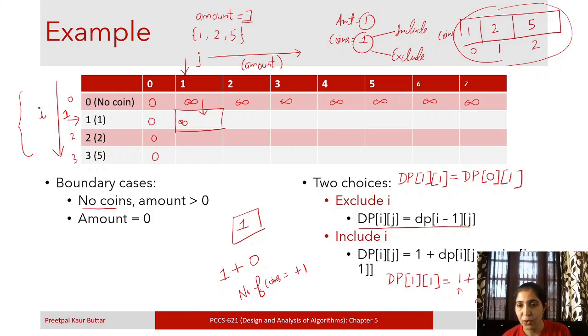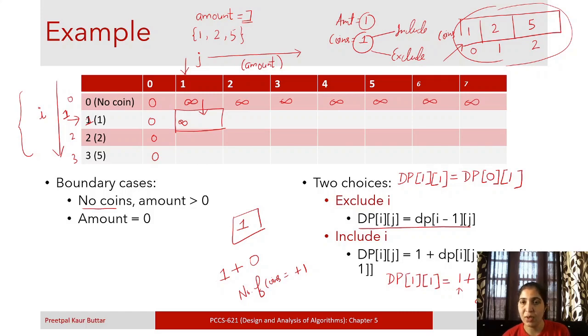That is why we are doing i minus 1. We have to look at one previous location in the coins array in order to find the value. So i minus 1, 1 minus 1, coins 0. The value of the coin at the first location will be stored at the 0th location in this coins array.